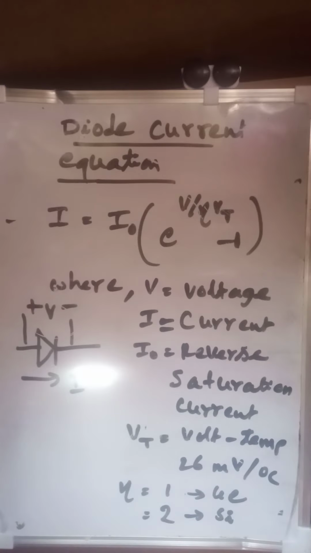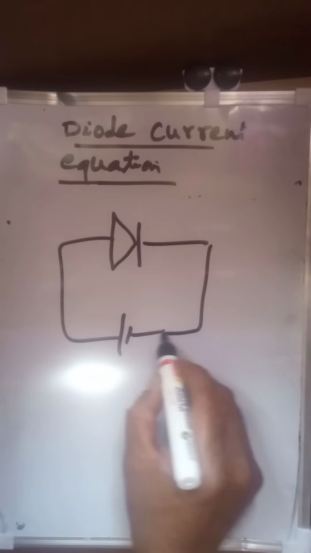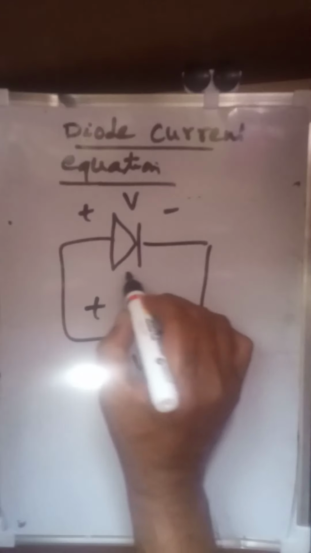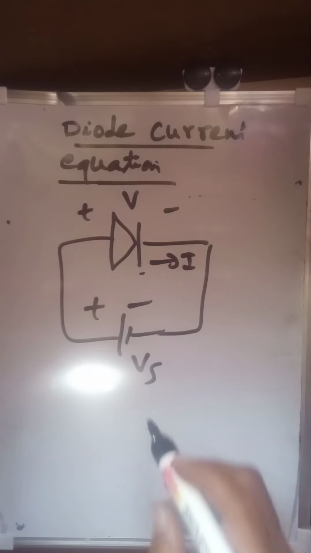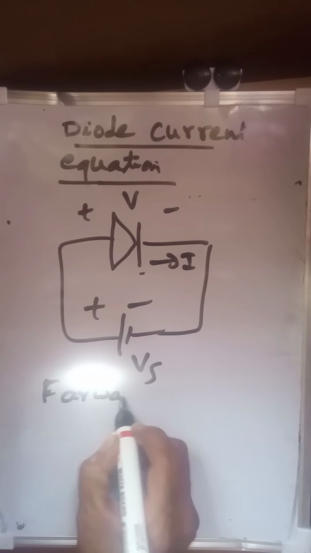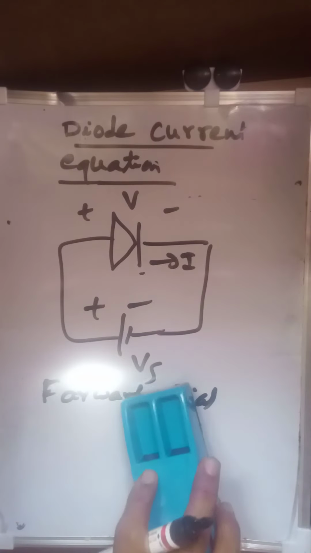Now for the explanation, let us see what happens when the diode is connected in forward bias. This is the symbol of the diode, with voltage V and current I. This is what is called forward bias.